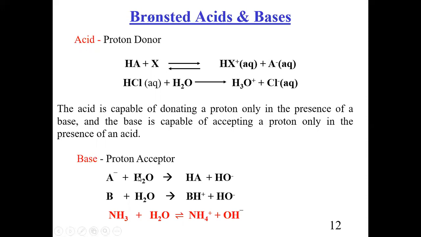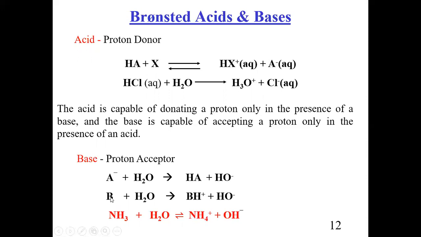So now water donates a proton to the A minus. Now this is H plus with A minus, so it becomes neutral HA. You don't have to put a charge on it anymore. And the water becomes HO minus or OH minus.